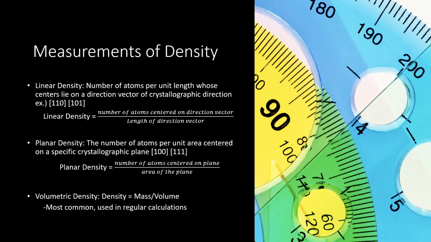There's also planar density, which is the number of atoms per unit area centered on a specific plane, which is the number of atoms centered over the area. And then there's volumetric density, which is the most common measurement of density, used in regular calculations for substances. As you can see, this goes in order from length to area to volume.